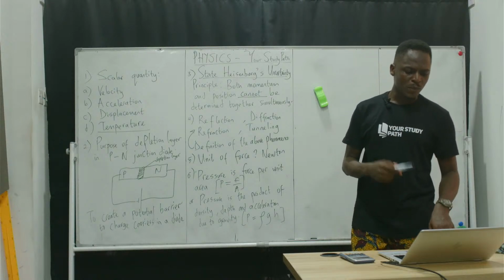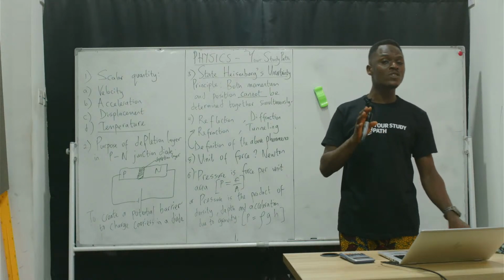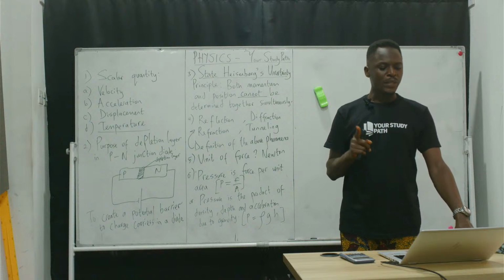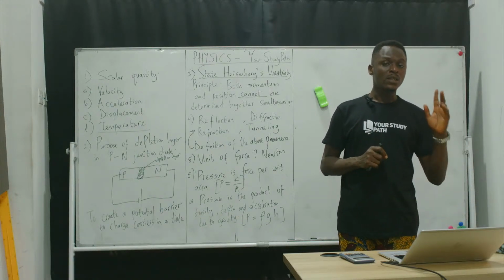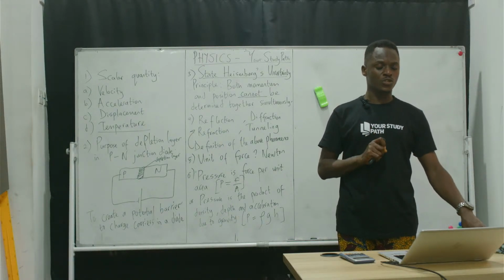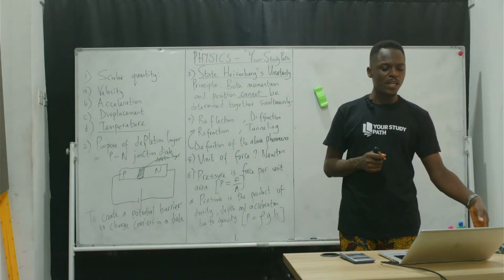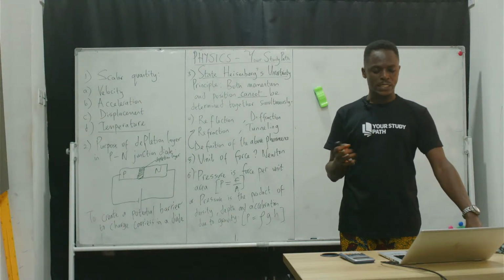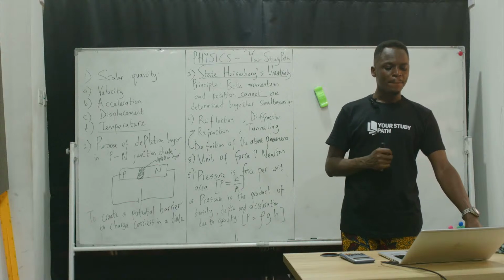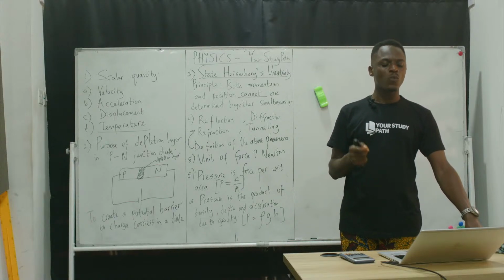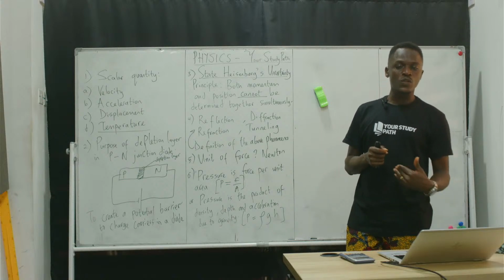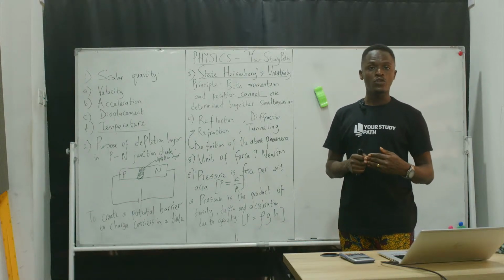Is it A, when the body has constant velocity? B, is it when the body remains in the same position? C, is it when you have a change in position with time? Or D, is it when a body is at rest?